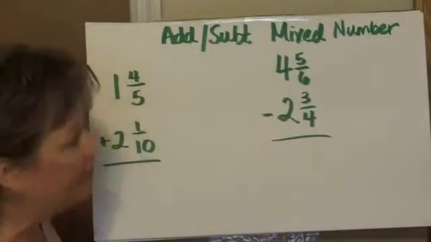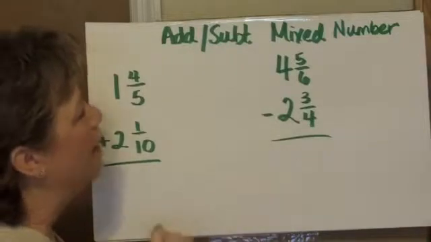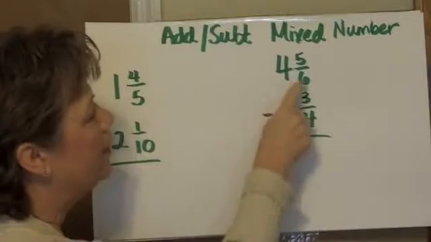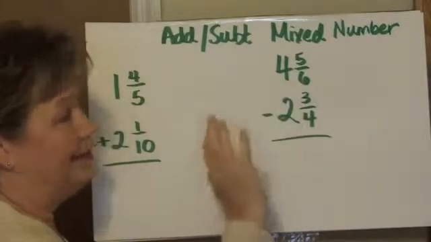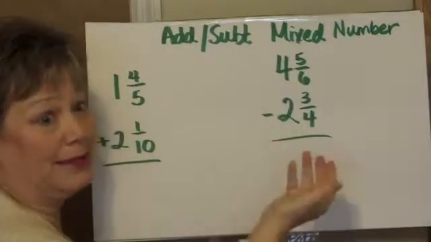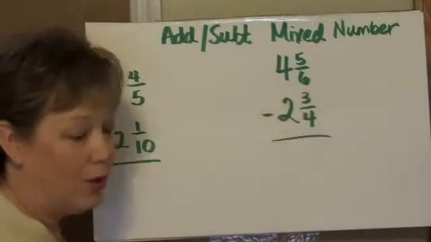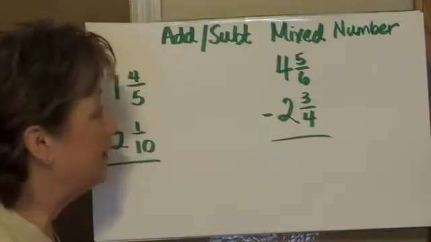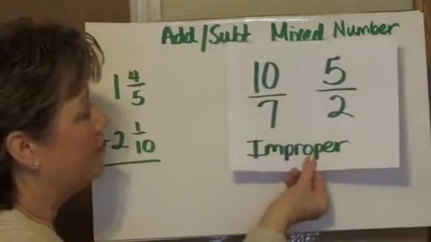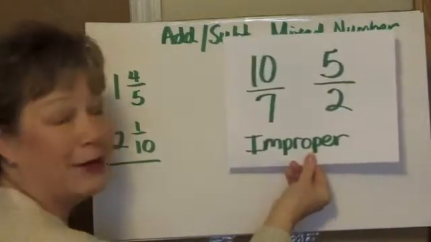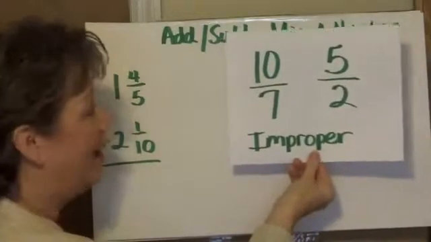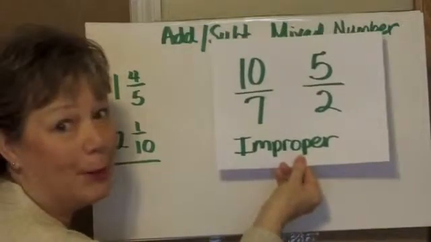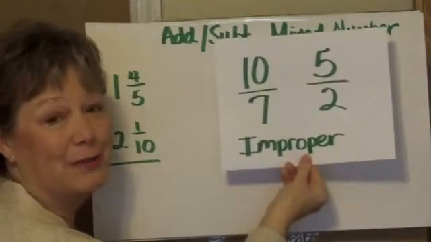Okay? This week we're going to look at mixed numbers. Mixed numbers are when you have a whole number and a fraction. To me that makes sense. They're mixed together. A whole mixed with a fraction. We showed last week for just a minute an improper fraction, where the numerator was bigger than the denominator, and I said it is improper for the numerator to be bigger.